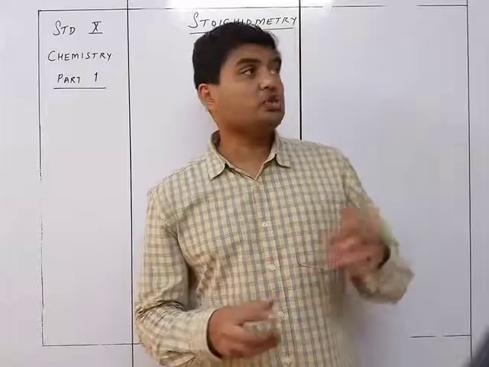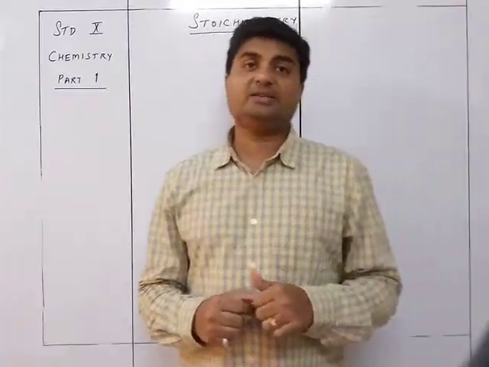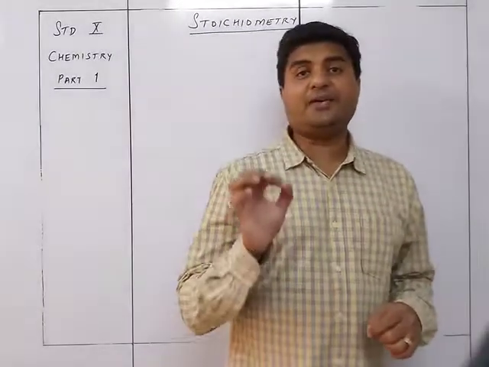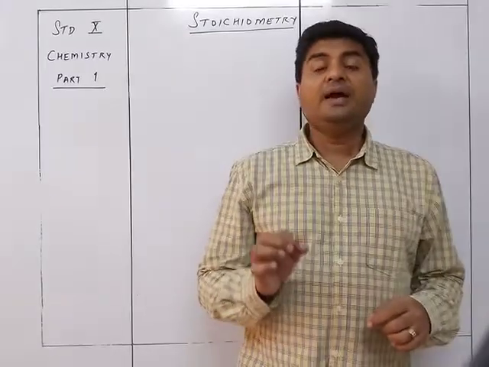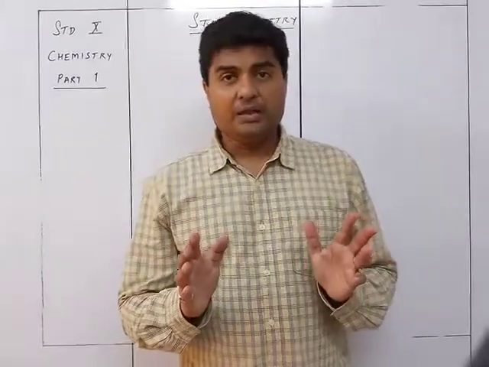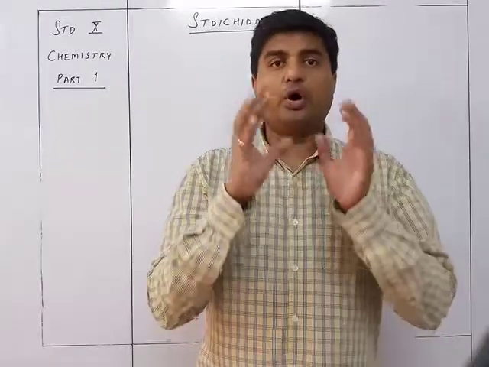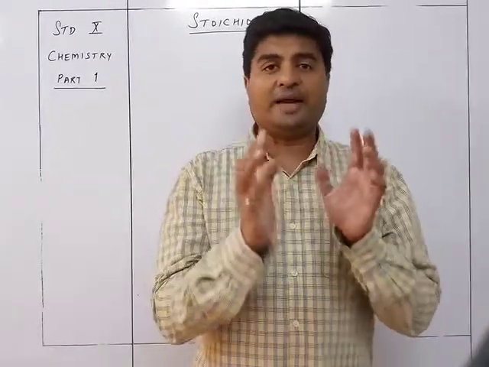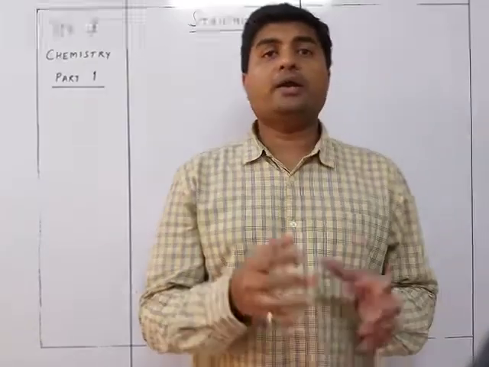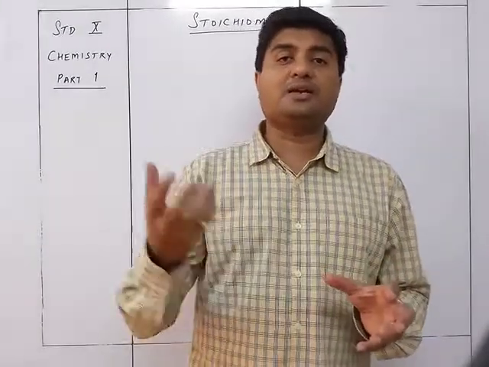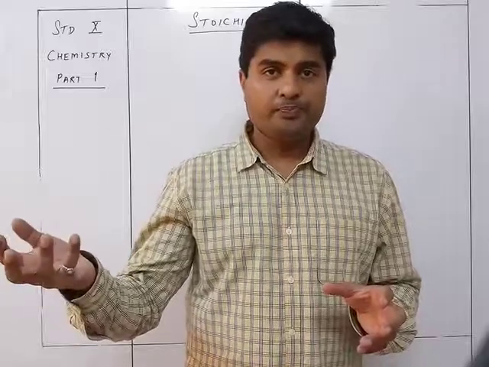But in case of stoichiometry, what we will be having is quantitative analysis. That means it is going to quantify the amount of compounds, or the amount of cations present in a compound, or the resultant amount of some product formed, right?